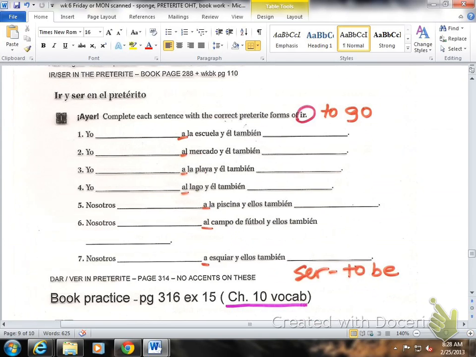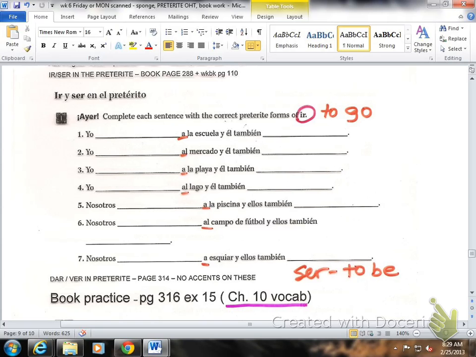What would be the first blank in number 1? How do you spell it? For the yo form is F-U-I. So fui. So I went where? I went to school and he went also.